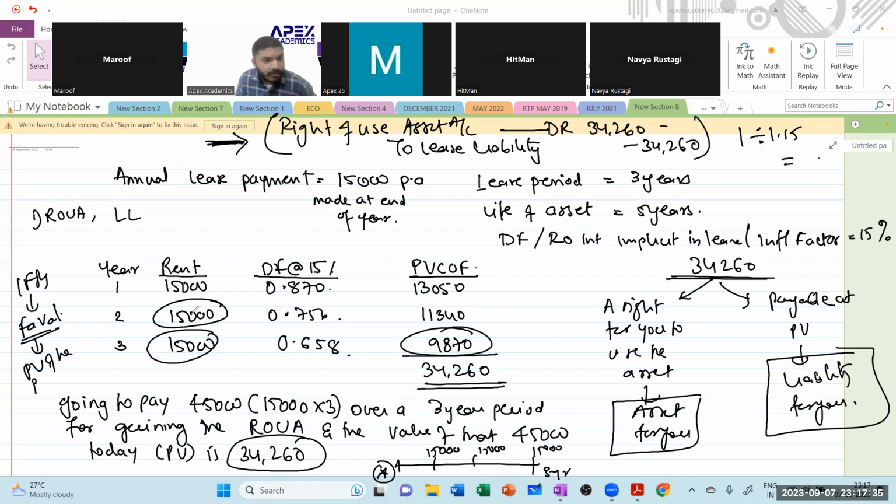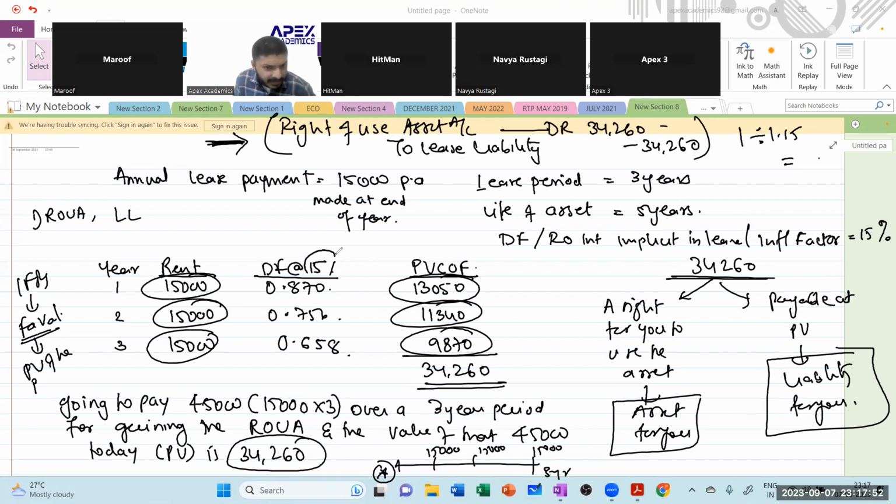After 2 years, you are going to pay 15,000. What is the value of it today? Today its value is 11,340. 15,000 is going to be paid at the end of 1 year. So after 1 year, 13,050 will have a value equivalent to 15,000. Why? Because money will lose value at the rate of 15%. So I am compounding this at the rate of 15% for 1 year.